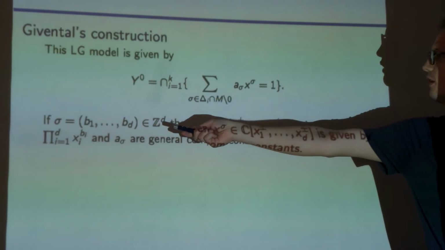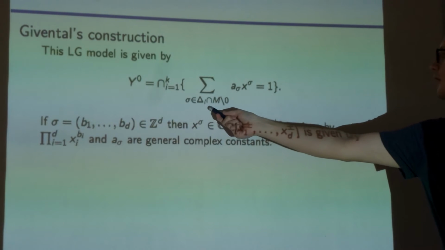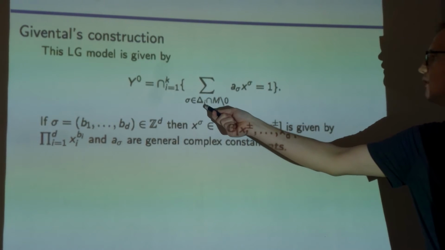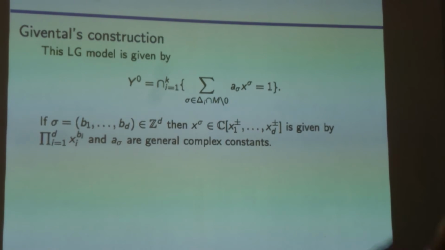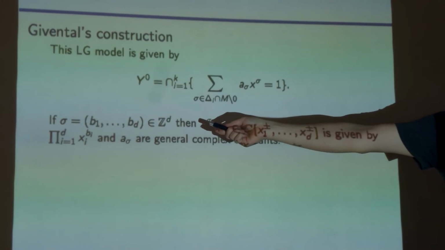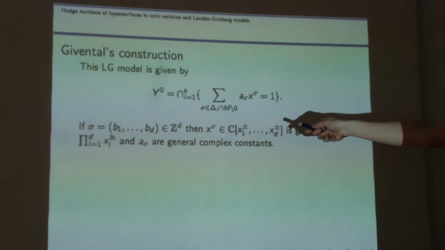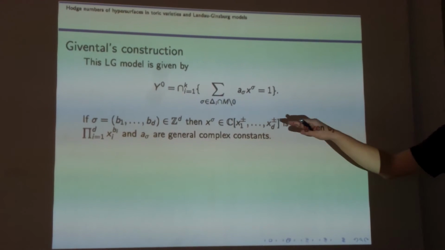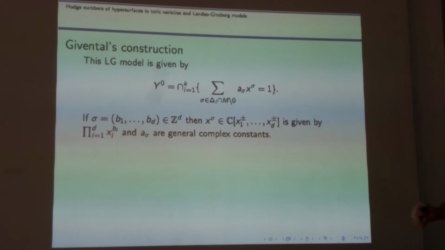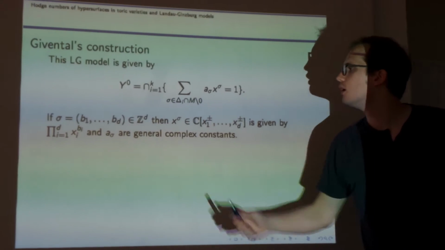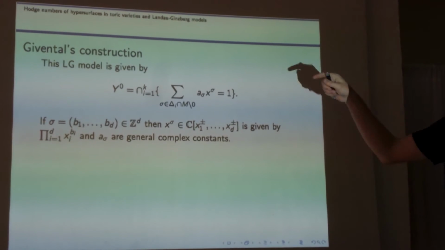So sigma is going to be a point inside of these lattice polytopes, so sigma is this point b1 through bd. Then we'll define monomials in this Laurent polynomial ring given by this, so it's just x to the b.